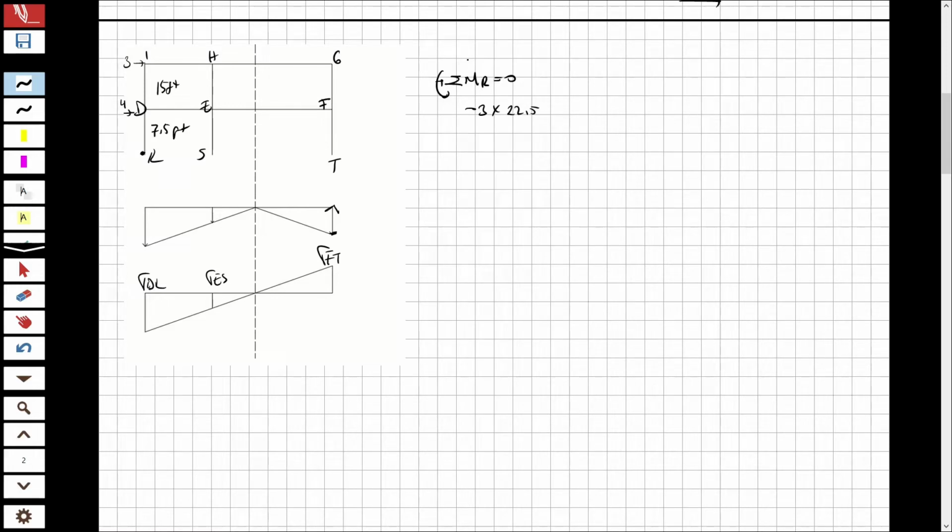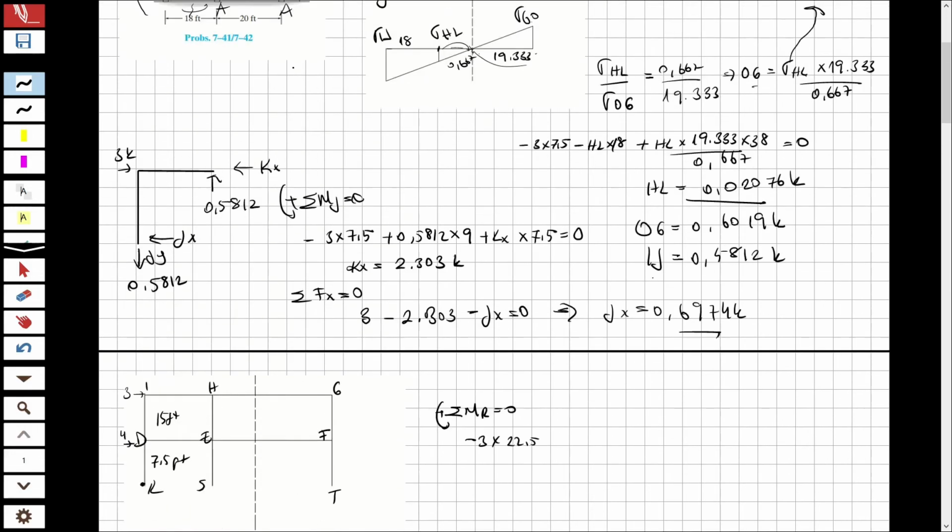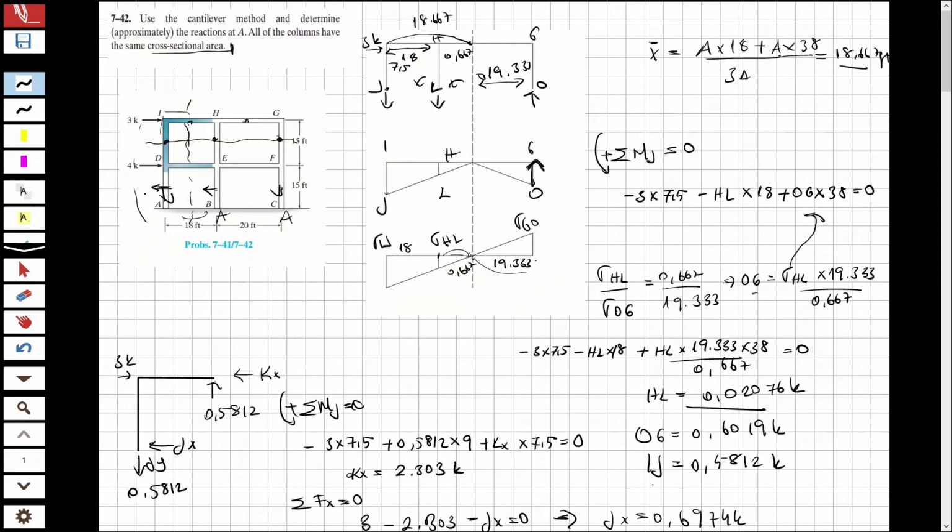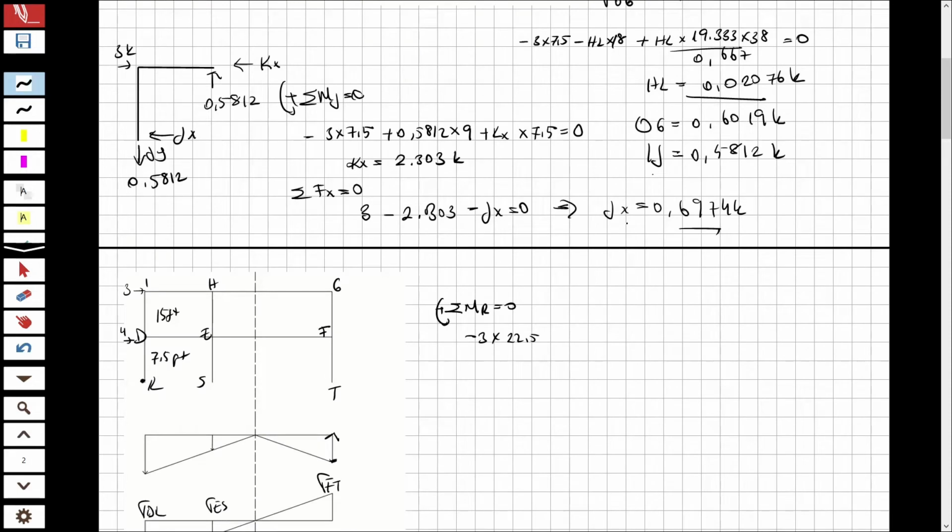Okay, I actually cut from the half of this. Yeah, these are inflection points, because the inflection points have to be at the midpoint of beams and columns.